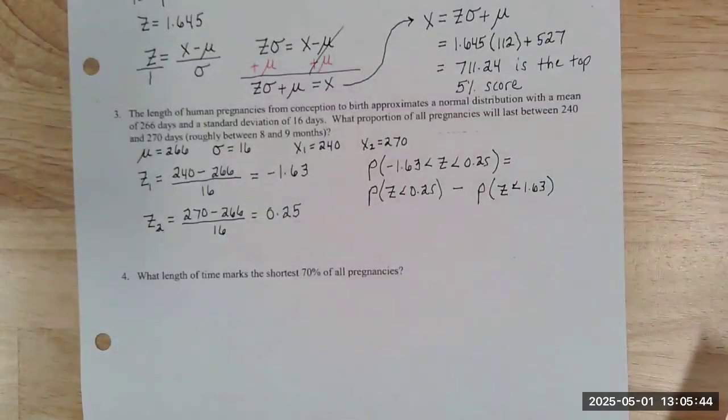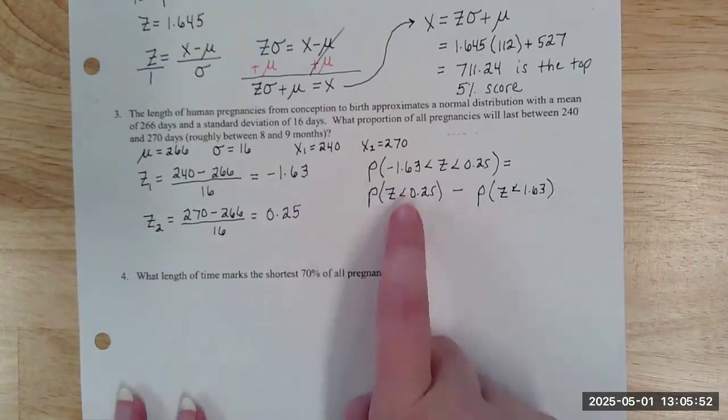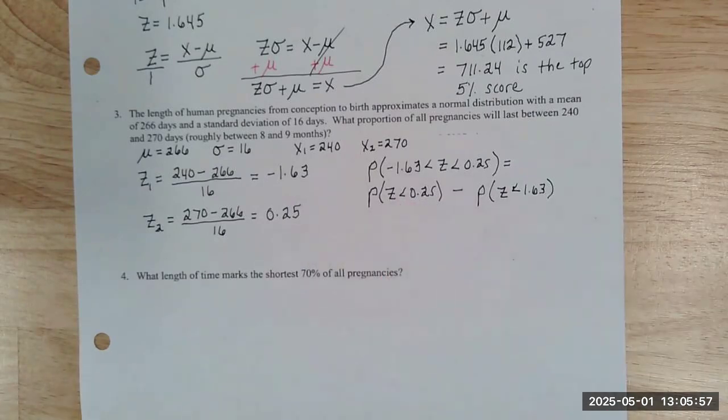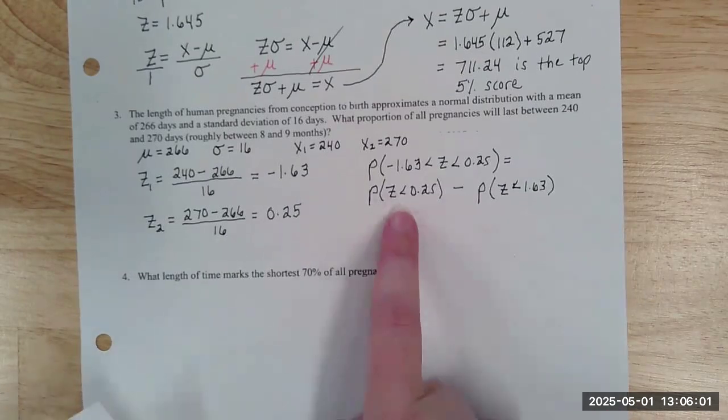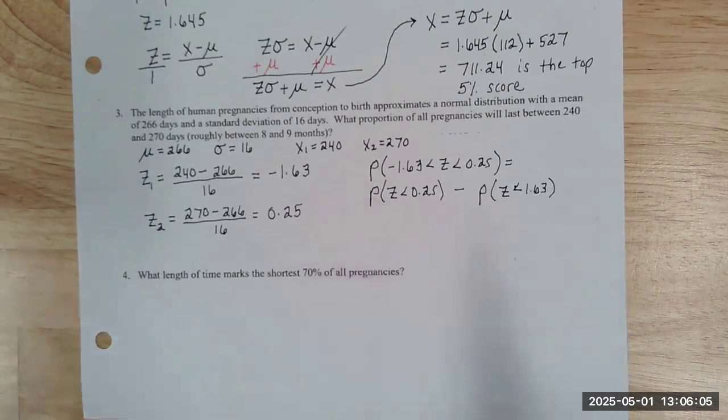That was the Z-score. Don't listen to me. We're going to do that backwards. Okay. We have the Z-score. We've got to go find the probability. It's good I made that mistake though, so that now you're like, okay, even Jen gets confused sometimes. These are Z's. Z is 0.25.